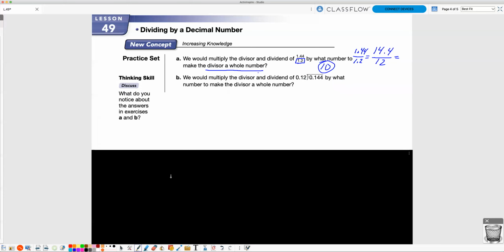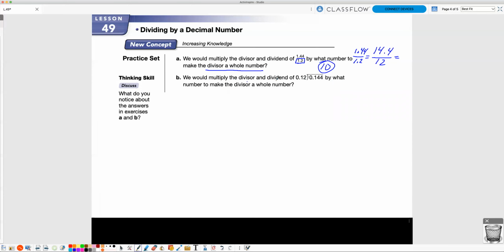Letter B, we would multiply the divisor and dividend of 1 and 144 thousandths divided by 12 hundredths by what number to make the divisor a whole number? In this case, I would have to multiply it by 1 and two zeros, because I moved it 2 places to the right.